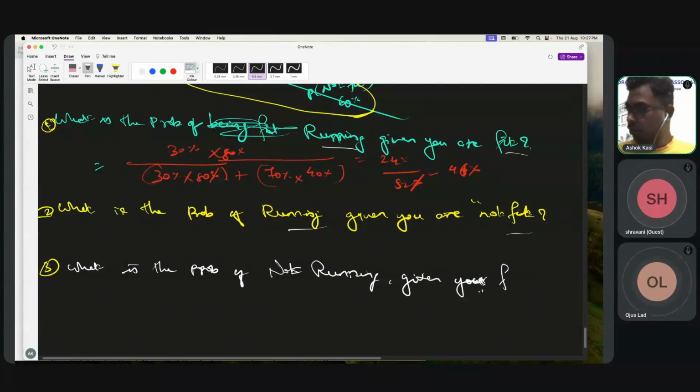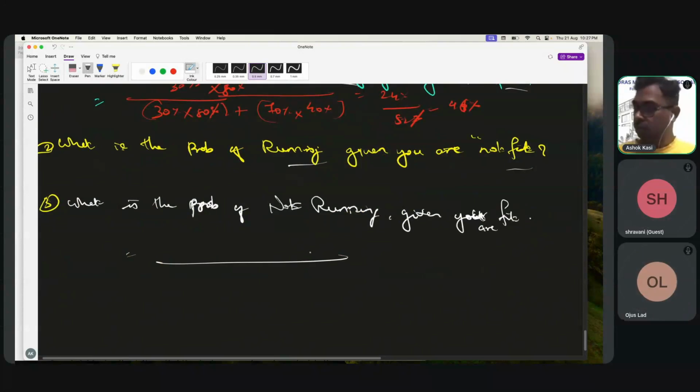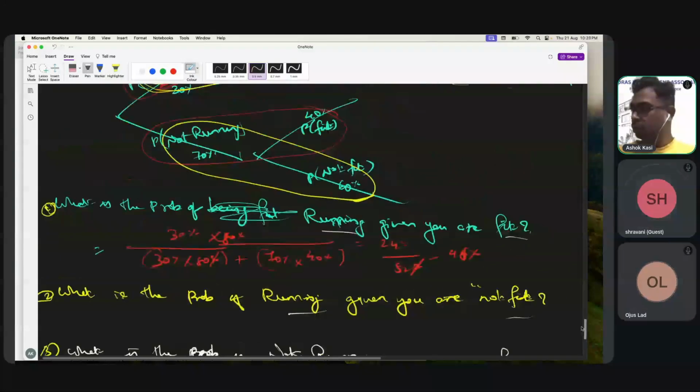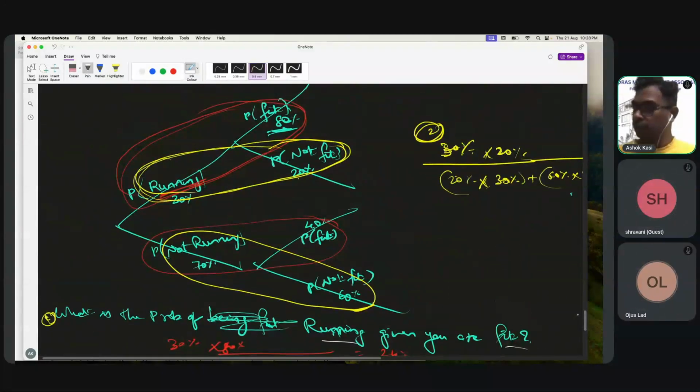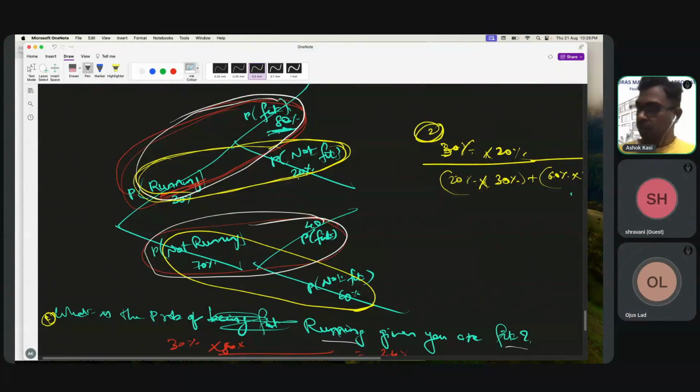Given you are fit, fitness is unconditional. So it is this part and this part: 30 into 80 and then 70 into 40.